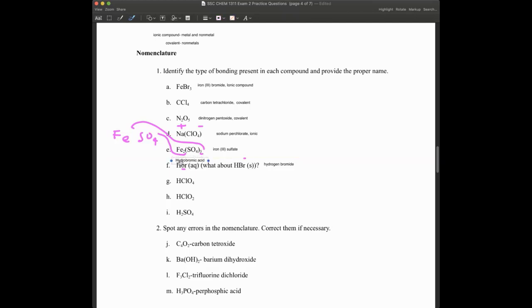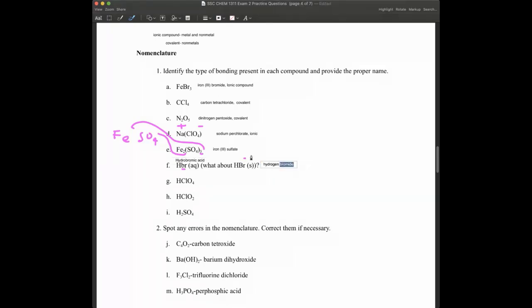So you put hydro as the prefix and then ic as the ending. Does that make sense? Yeah, perfect. Hydro, root, ic, and that's for single elements. Awesome. Good question.